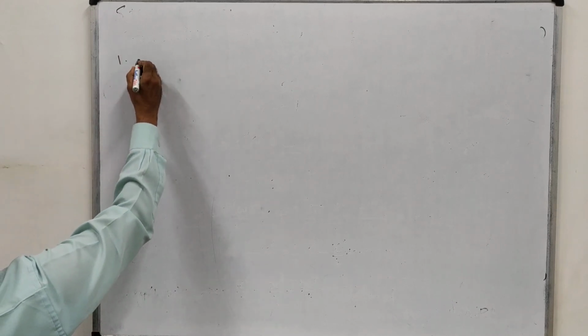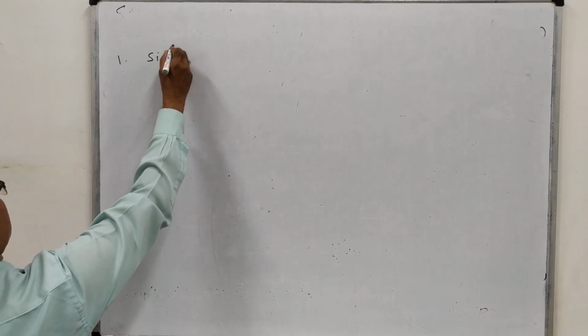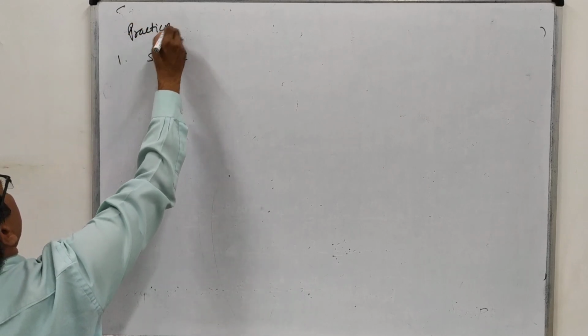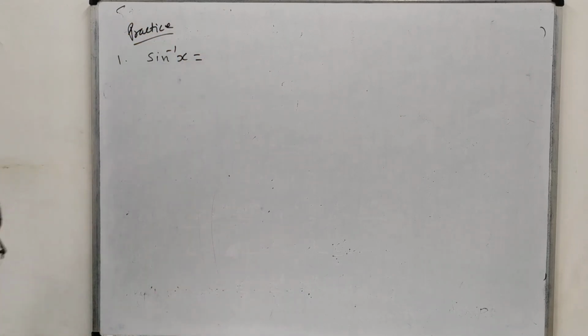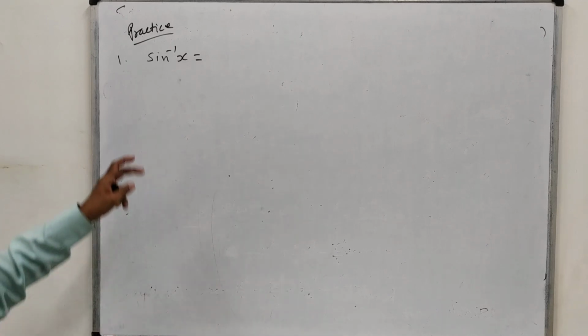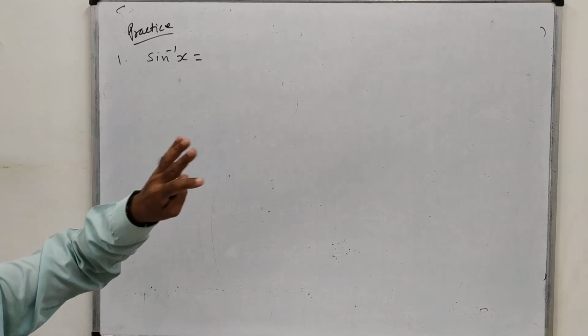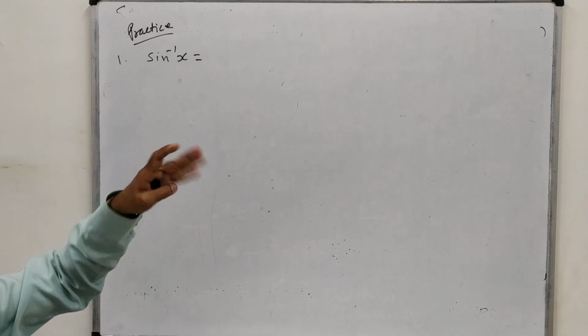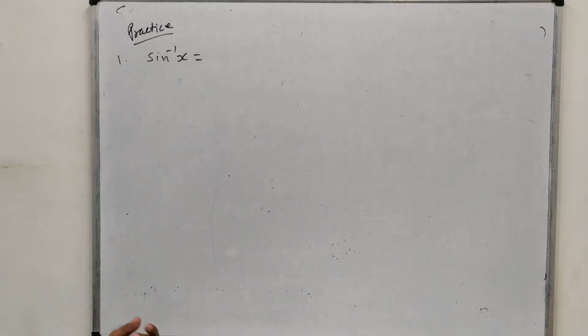Find out the Maclaurin series for sine inverse x. Practice. Okay? Sine inverse x. So you can write f of x equal to sine inverse x, then find f dash x, f double dash x, and f triple dash x. Then put the value x equal to 0.